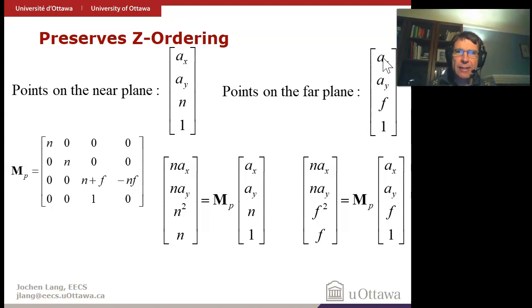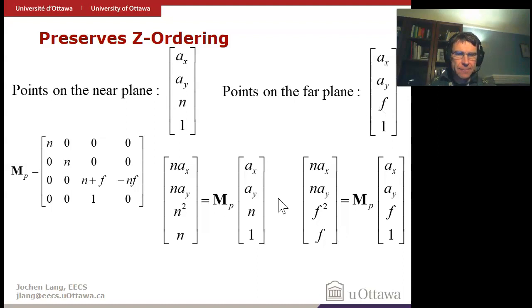Because when you look at this, n multiplies ax, n multiplies ay, and then here, taking this f and multiplying this with n plus f, I get n times f plus f squared, and then comes a minus nf from here, it cancels out again, so I'm left with f squared. I have here as this distance in the homogeneous coordinate, f times 1 gives me f.